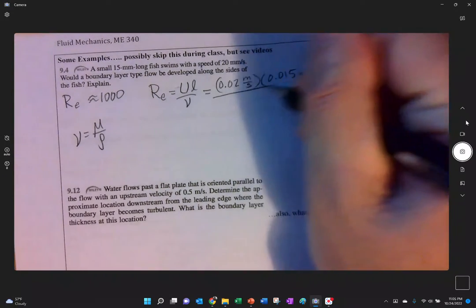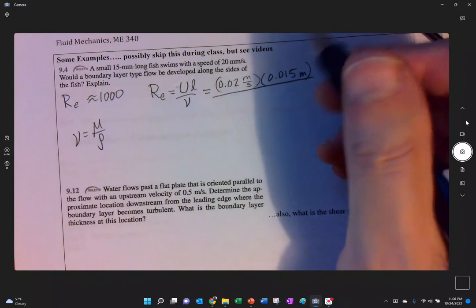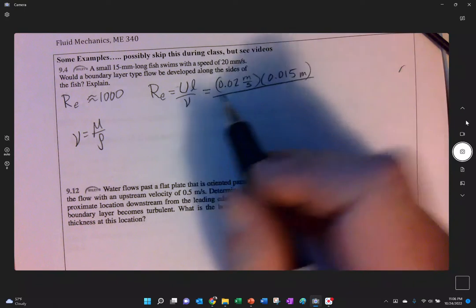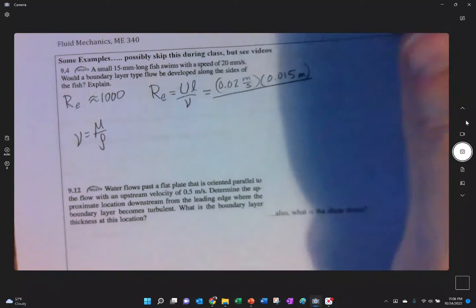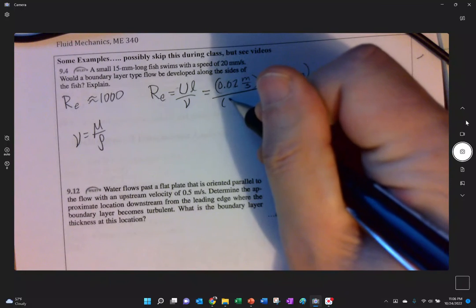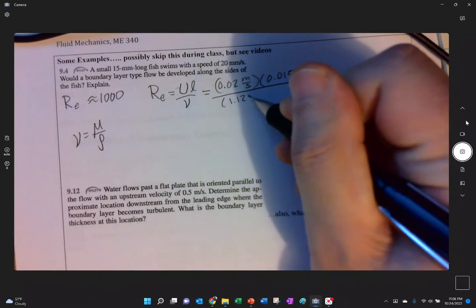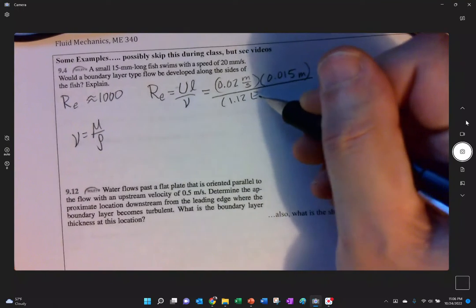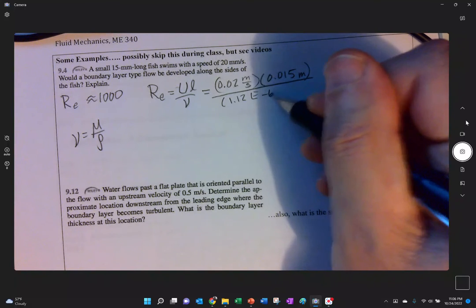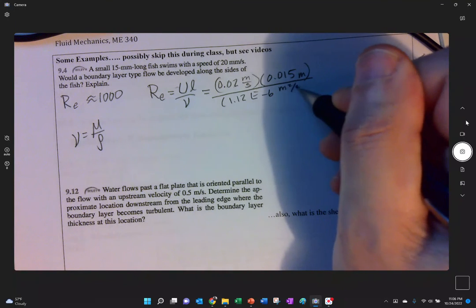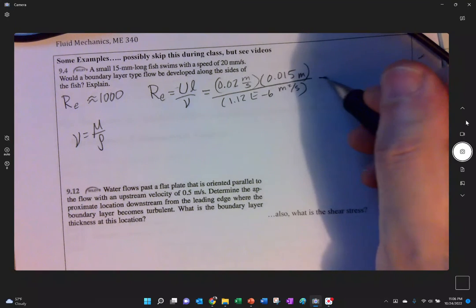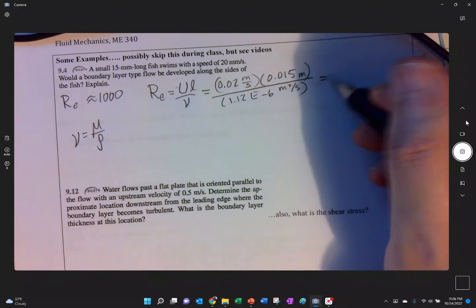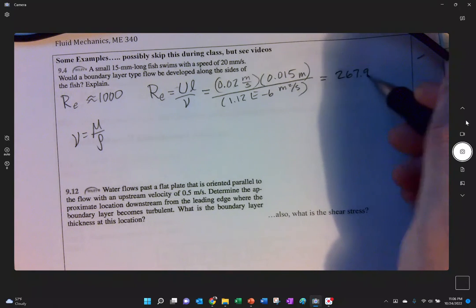For fresh water, the kinematic viscosity at regular conditions is 1.12 E minus 6 meter squared per second, which is the standard unit. We end up getting 267.9.